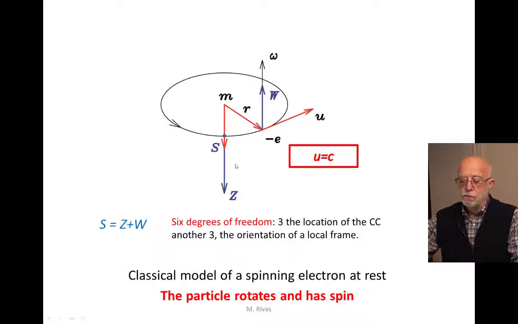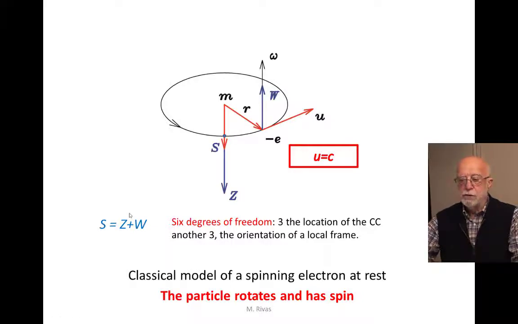So associated to these 3 degrees of freedom which describe this orbit, there is a part of the angular momentum which I call z, and associated to the other 3 degrees of freedom, there is a part of the total angular momentum along the angular velocity, so that the total spin is the addition of these 2 contributions.